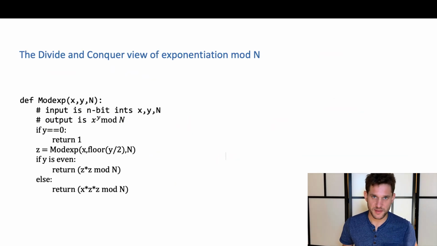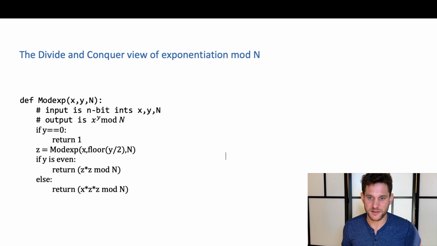Just to simplify the algorithm I just taught you, there is actually a divide and conquer style version of what we just did, and I'm going to show it to you right now. I won't go through all the details, but you can check this on your own if you like. The algorithm takes in these n-bit integers x, y, and capital N, and it produces this mod exp function.